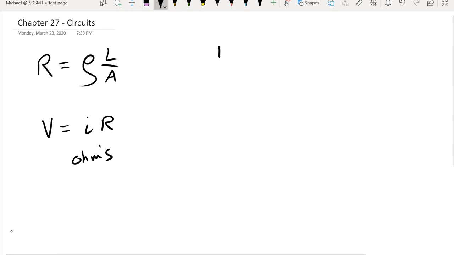Just to refresh our memories, we will need a source of electric potential, and that is going to be our battery. We've used batteries before back in chapter 25 with capacitors, as the source of our positive and negative charge.